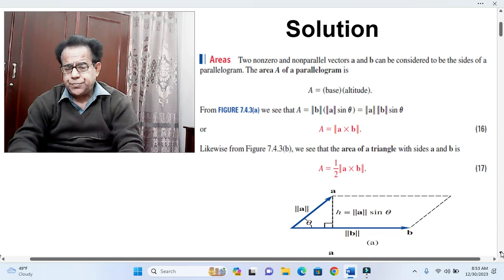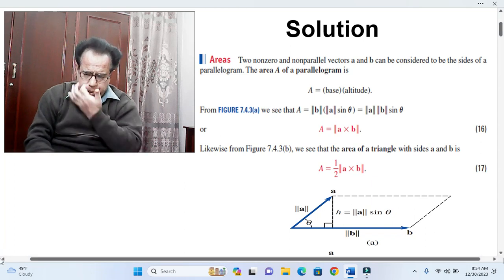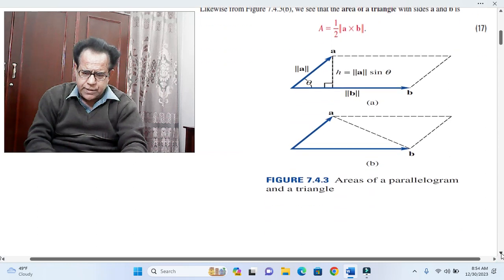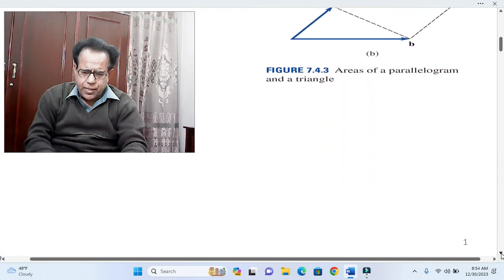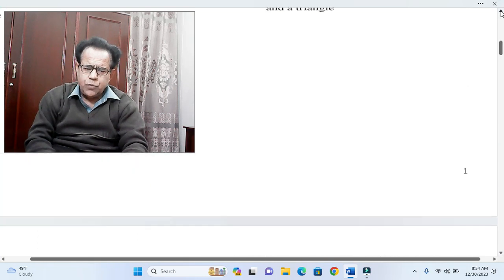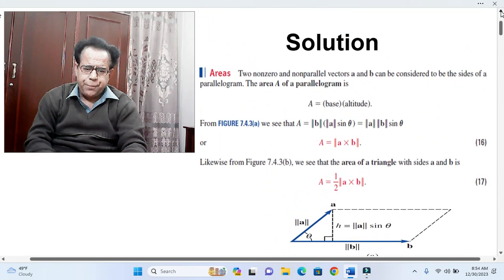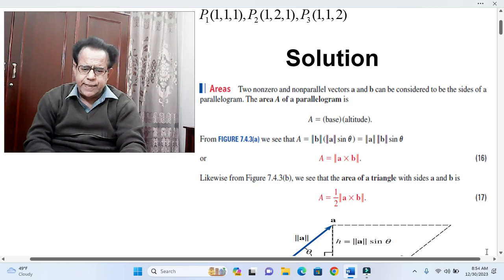This snapshot consists of two figures. Now we go through this snapshot. This snapshot says areas.